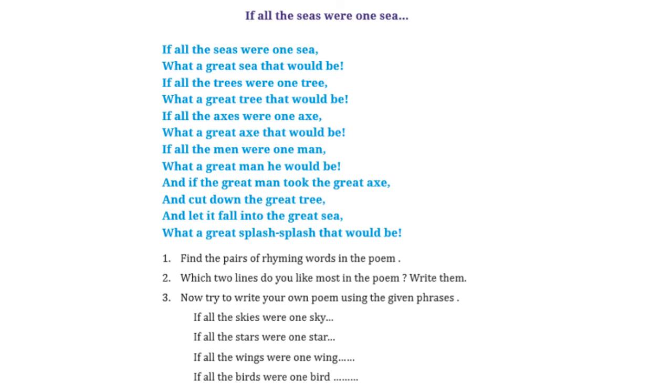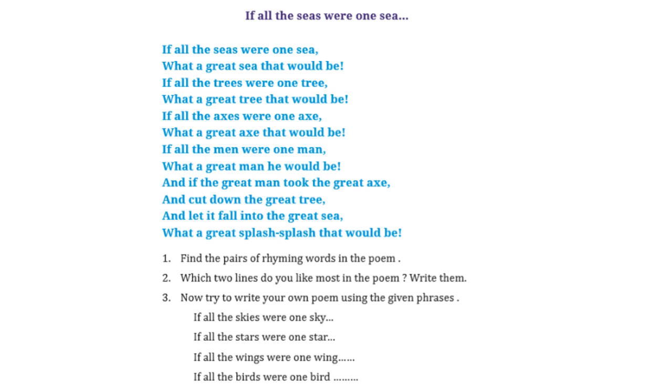I think you can enjoy the poem. Simple poem, everyone can understand it. Here you are asked a few questions. Find the pairs of rhyming words in the poem. Then second one, which two lines do you like most in the poem? And write them. Third part is the most important question. Here you are asked to write your own poem using the given phrases.